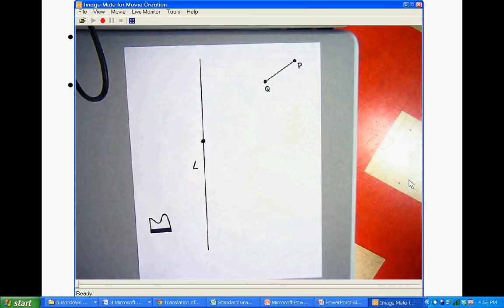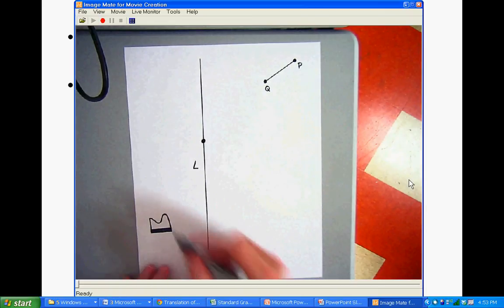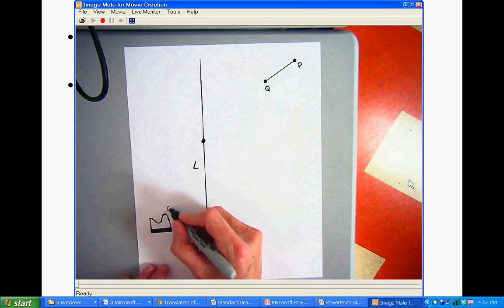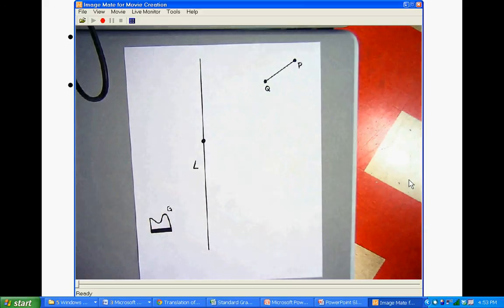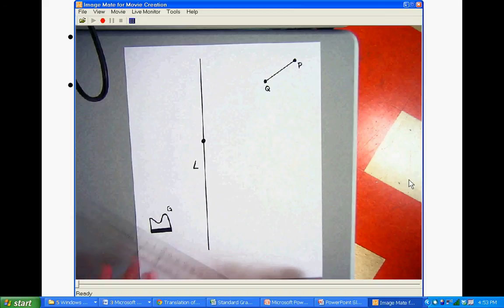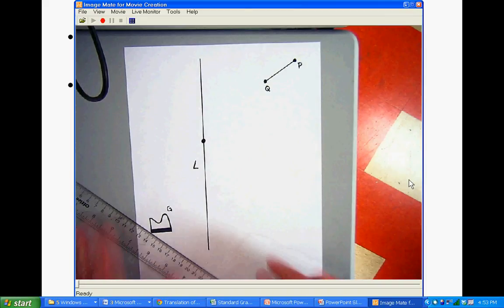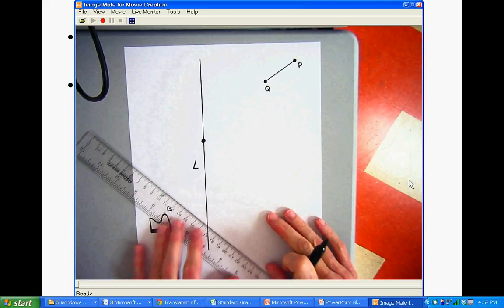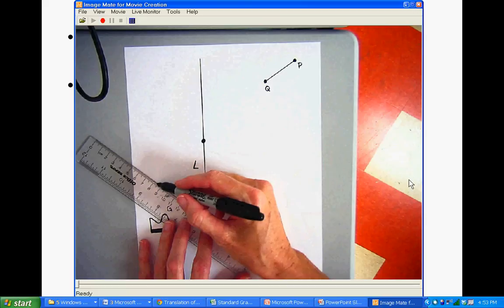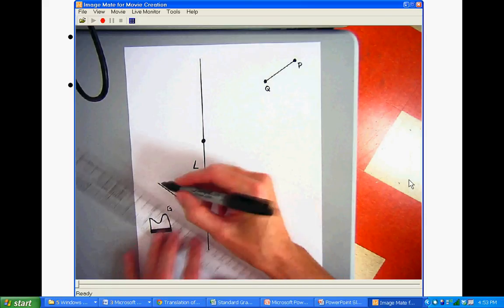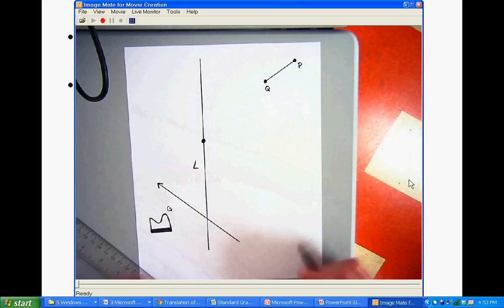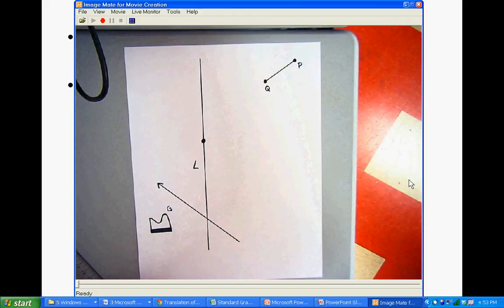And we're just going to call this, let's call this group G. So this is a group of points called G. And let's say we're going to move it along a vector. Which we will, I'm going to make the vector up here. So here is my vector reference that I can move this to.